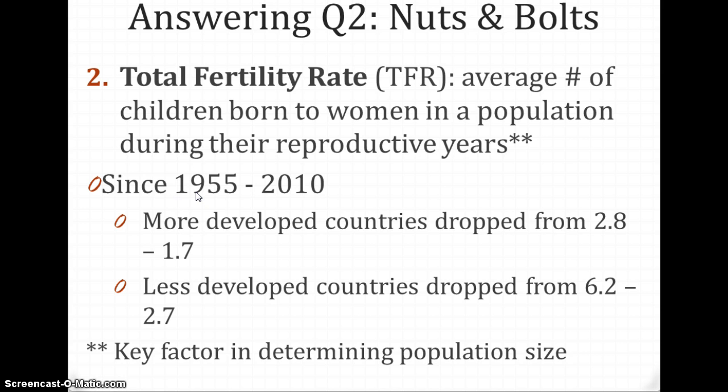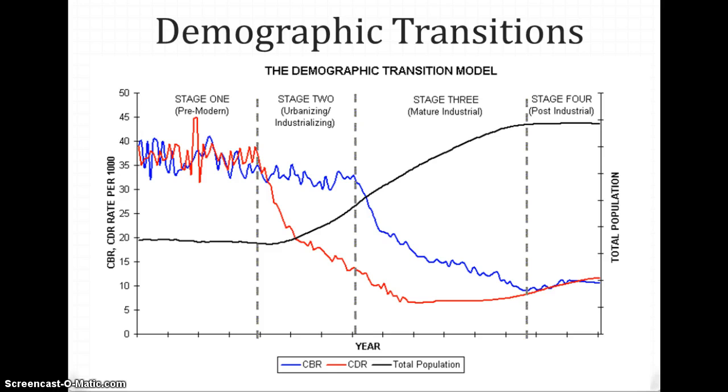All right, so let's take this knowledge and apply it to how countries go from being considered less developed to being more developed. This is talking about demographics and how we transition from a less developed or pre-modern country to a more modern or most developed post-industrial country.